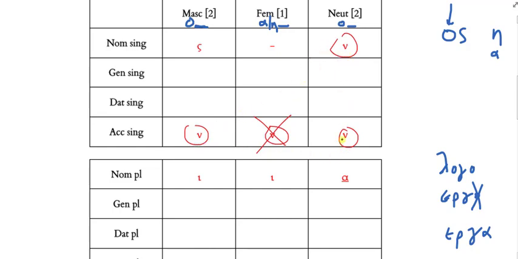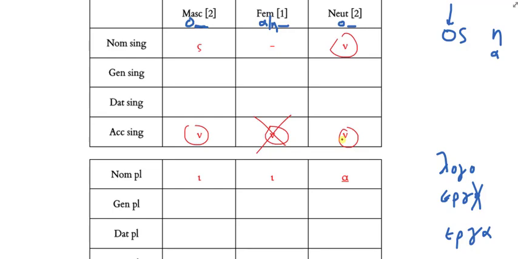And so what I have to now know is, does this noun come to me as a masculine or a neuter noun? I would know if I knew the lexical form. What is the lexical form of anthropon? It's anthropos. Okay? The lexical form's not anthropon. If it were, it would be what gender?